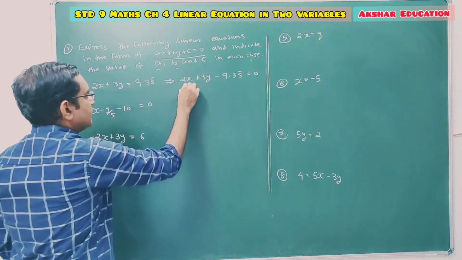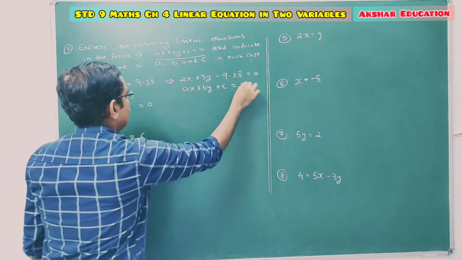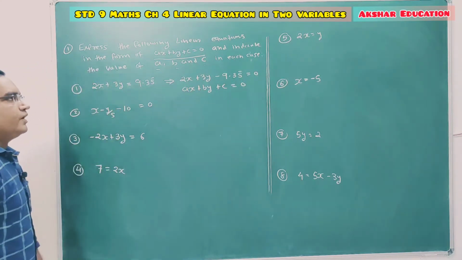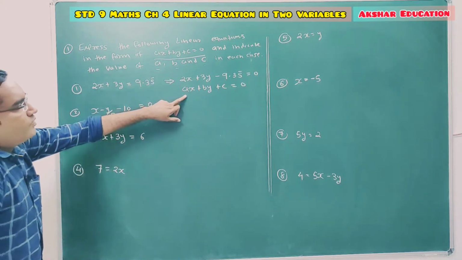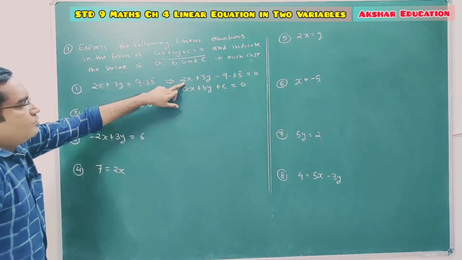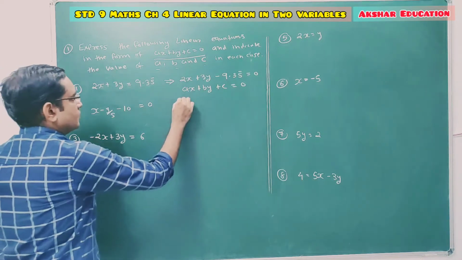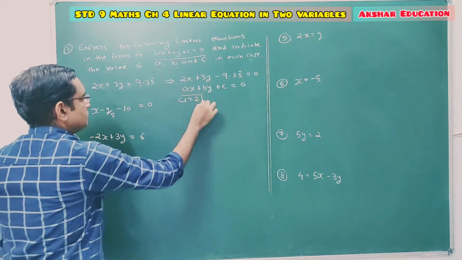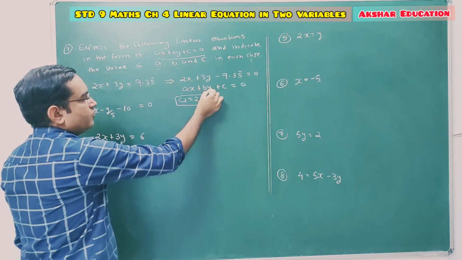Now compare this equation with the standard form ax plus by plus c equal to 0. So we will get the values of a, b and c. A is the coefficient of variable x. Here the coefficient of variable x is 2, so a equal to 2. Now b is the coefficient of y.